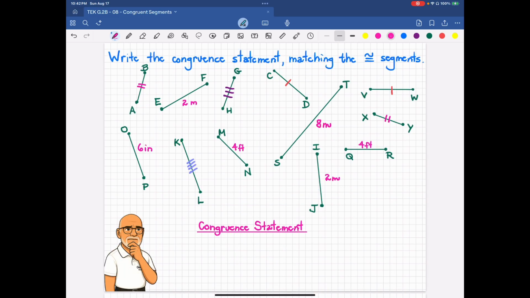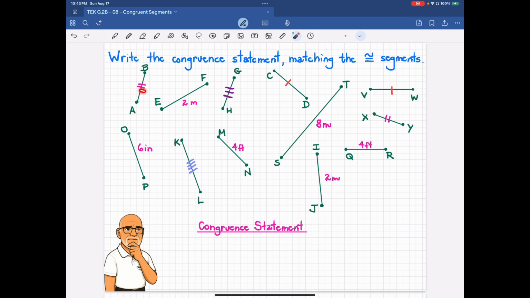Let's work on another problem together. The instructions read, write the congruent statement matching congruent segments. So I'm looking at all of these different line segments, and I want to match the ones that are identical in size and shape. So I'm going to start over here, and I'm going to look at this AB line segment.